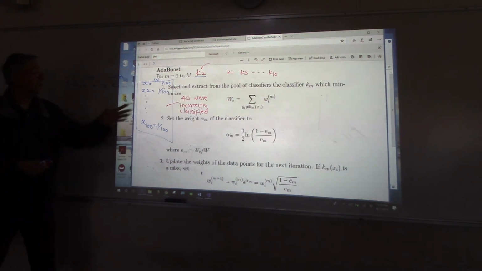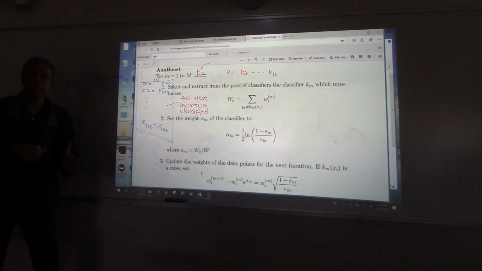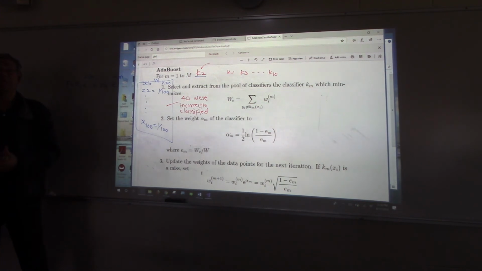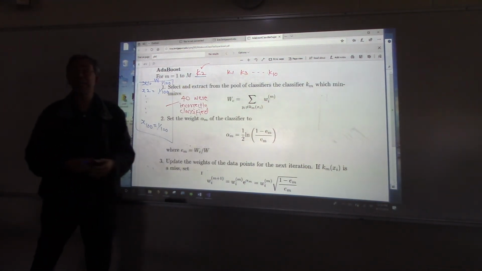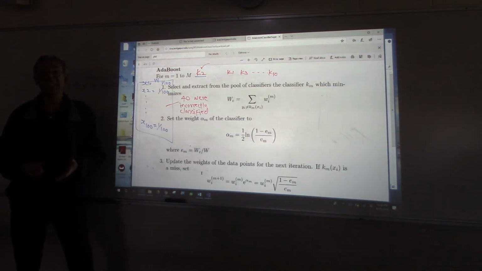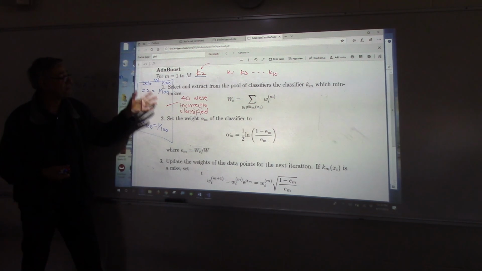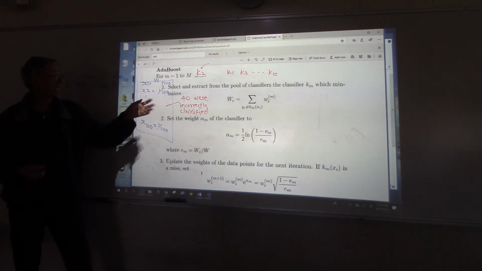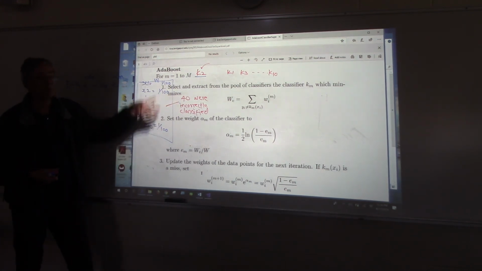Those 40 that were incorrectly classified by K2, should they be considered more important or less important in the next iteration? More important, because we want to see which one of these now does better on those 40. But we can't ignore all of the rest. So what we do is we relatively increase the weight of these 40 more than the rest.